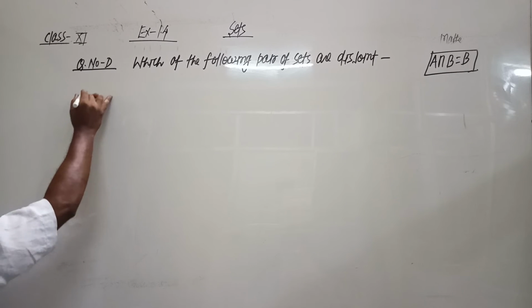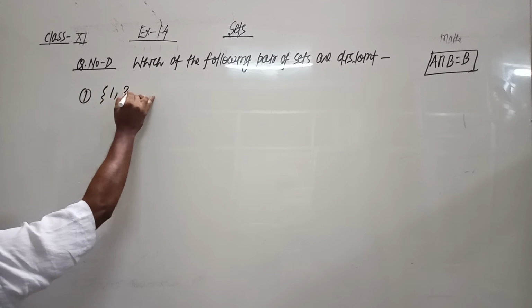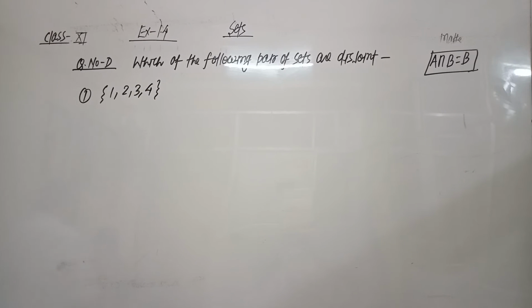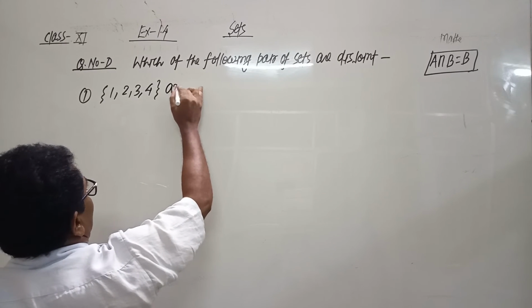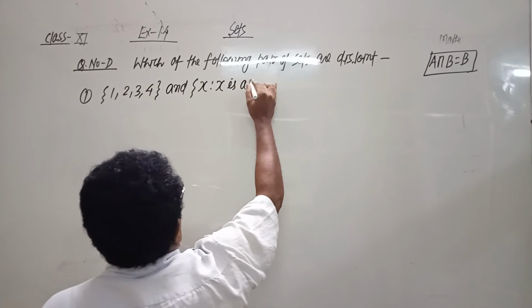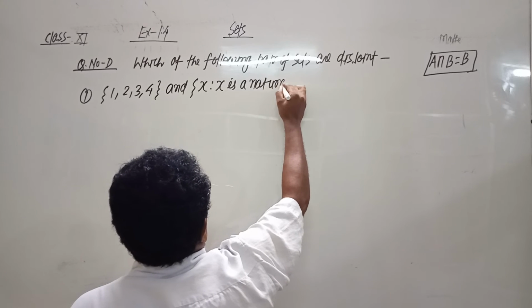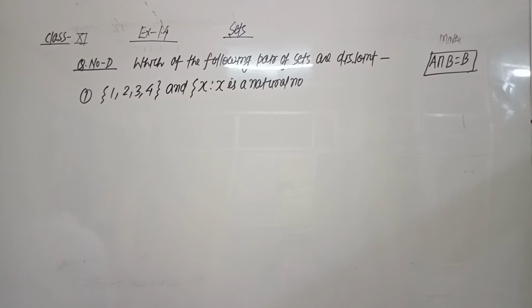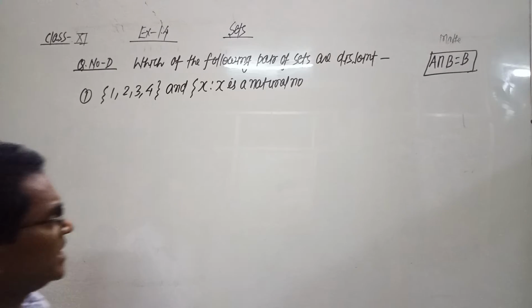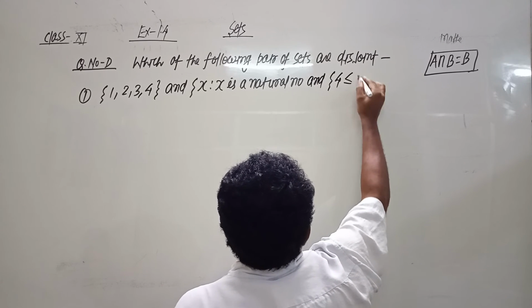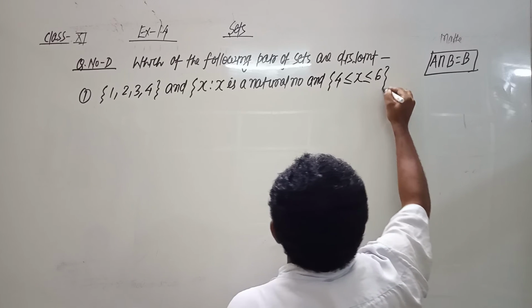The first part is the set {1, 2, 3, 4} and another set is {x such that x is a natural number and 4 is less than or equal to x is less than or equal to 6}.